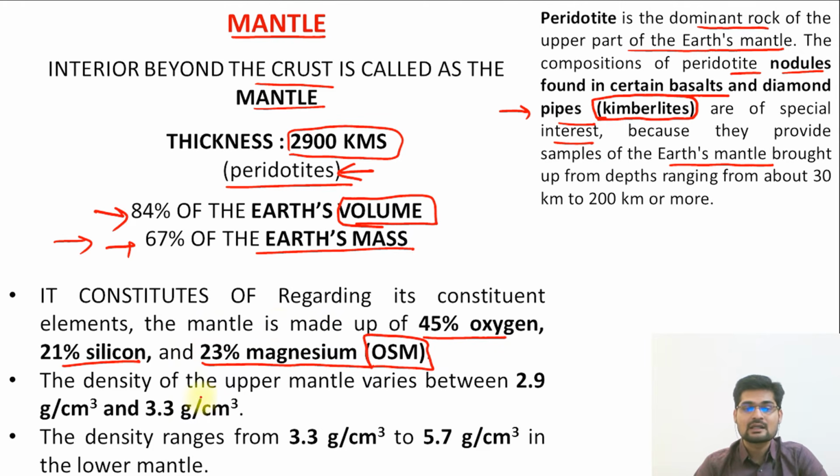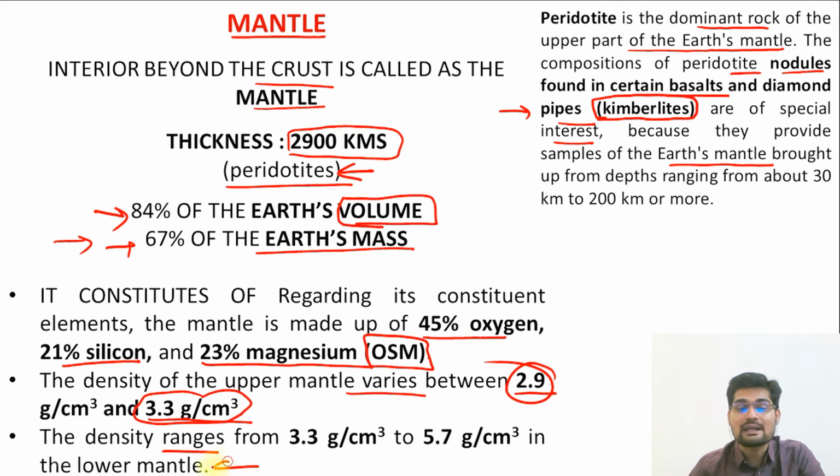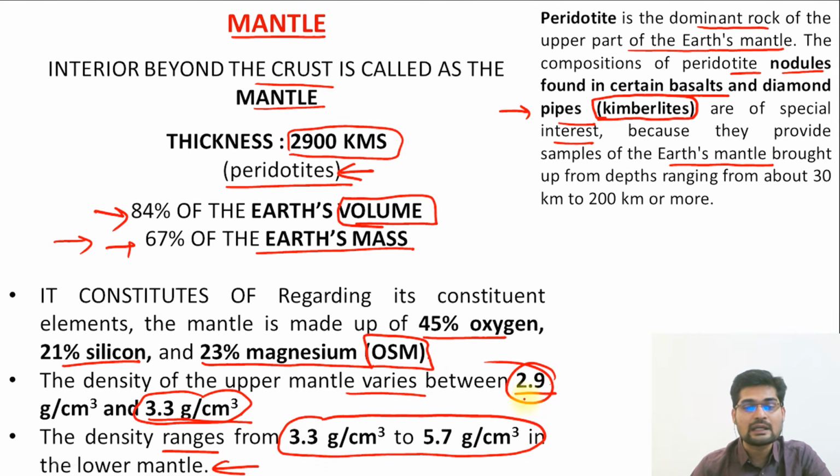45, 21, 23. The density of upper mantle varies between 2.9 to 3.3. So this is a range. Remember, 2.9 to 3.3 gram per cubic centimeter, while the density of lower mantle, where the hardness is more, is 3.3 to 5.7. So if you look at this range in its entirety, it is 2.9 to 5.7.